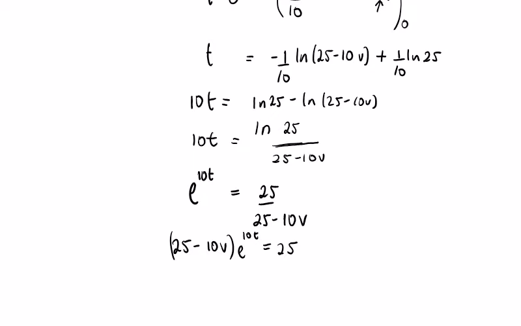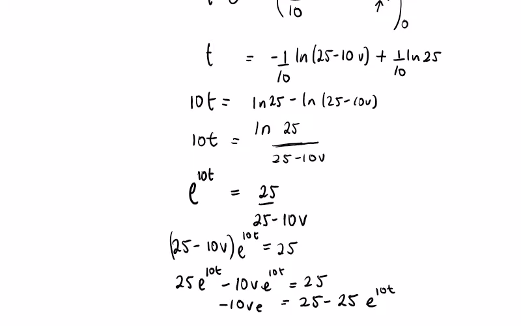You divide across by 10 here, you can see the v will be on its own, its bracket. Let's multiply it out first. 25 e to the power of 10t minus 10v by e to the power of 10t is equal to 25. So 25 minus 25 e to the power of 10t is equal to, well, I should reverse that around, minus 10v e to the power of 10t.